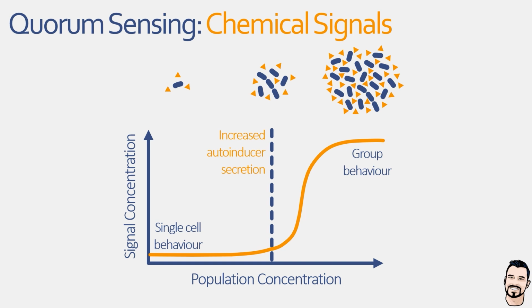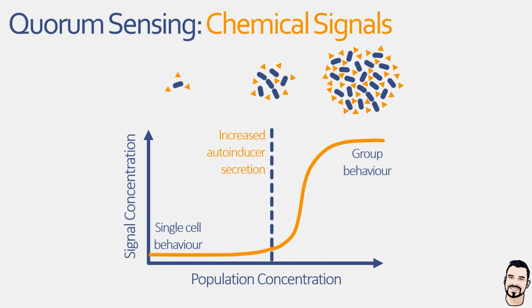At this stage, individual cells are acting as part of a collective whole rather than in isolation. The relationship between signal concentration and population density is the essence of quorum sensing, and it essentially allows bacteria to behave as multicellular-like communities when their numbers are sufficient.